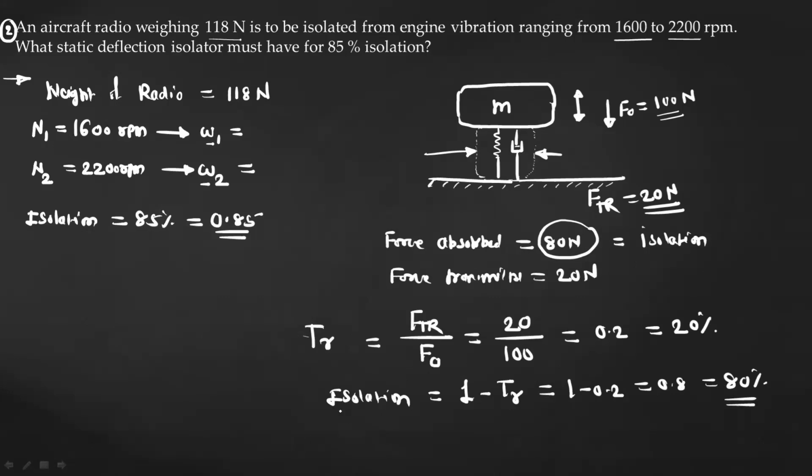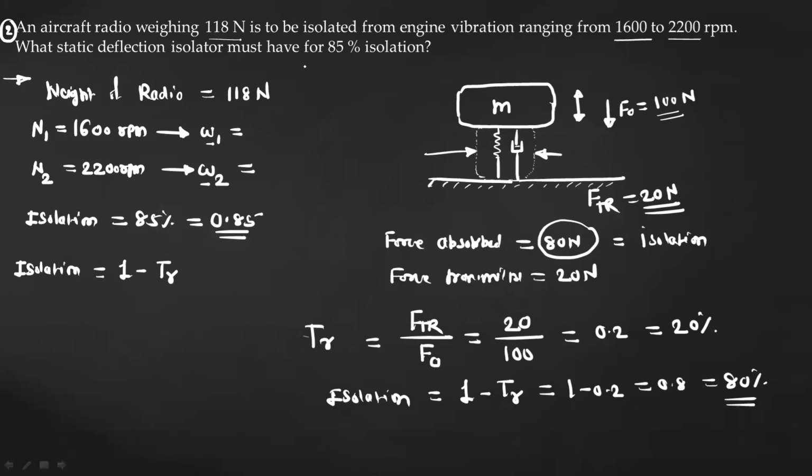So you should remember this equation: isolation is equal to 1 minus transmissibility, or transmissibility is equal to 1 minus isolation. This example is just to explain the concept of isolation and transmissibility.